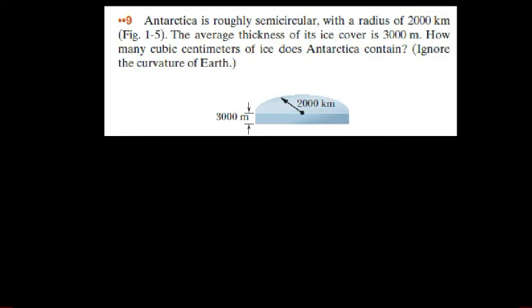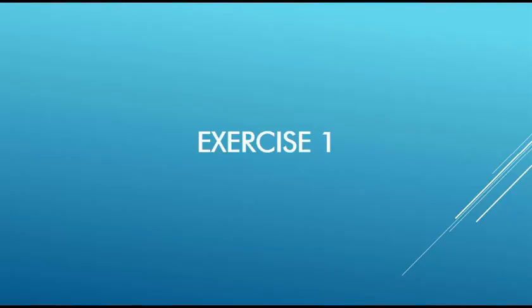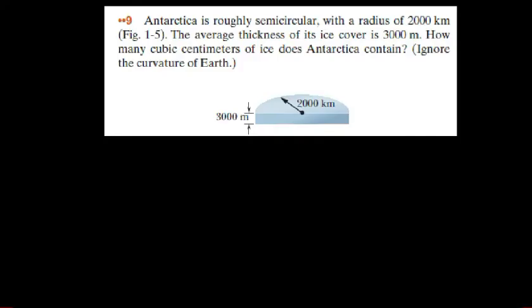So, let's solve this problem. Antarctica is roughly semicircular with a radius of 2000 kilometers. The average thickness of its ice cover is 3000 meters. How many cubic centimeters of ice does Antarctica contain?